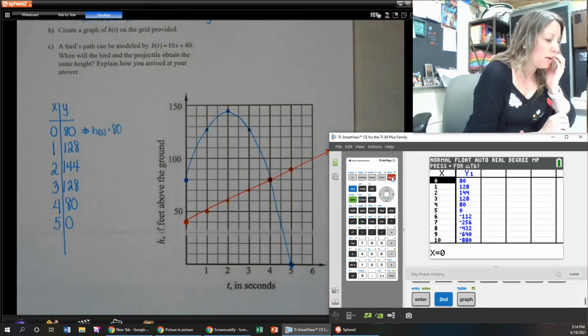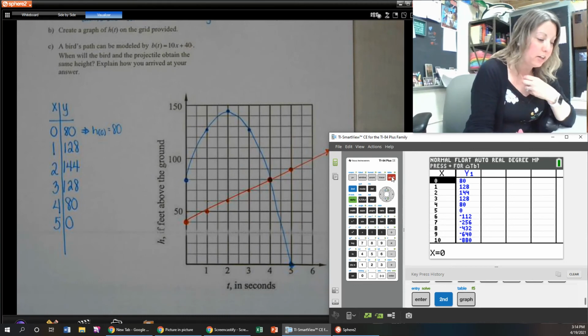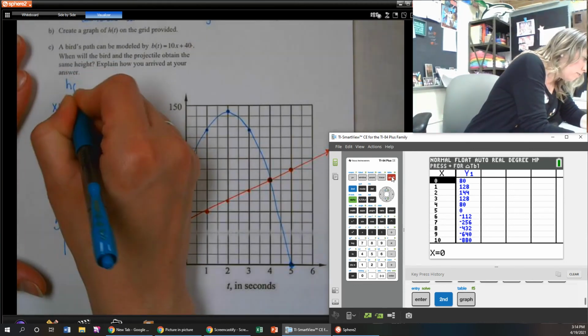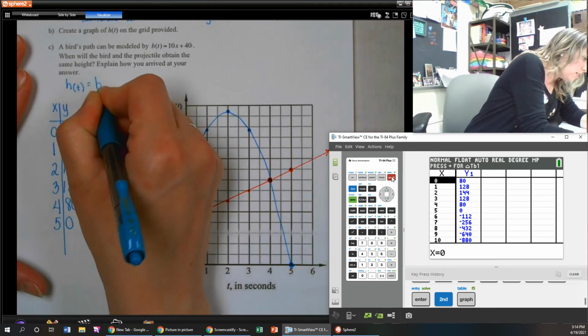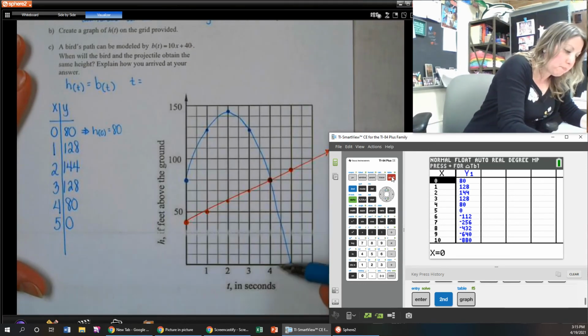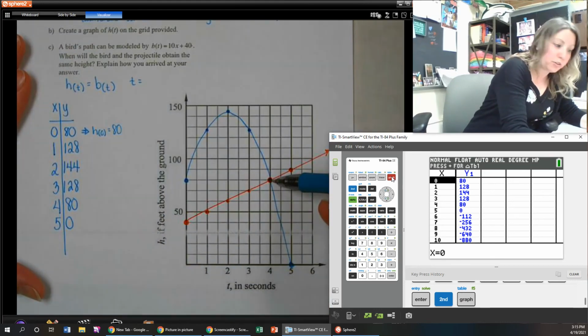With a nice solid intersection point right there. When will the bird and projectile obtain the same height, and explain how you arrived at your answer? H of t equals B of t when t equals what? 4 seconds.